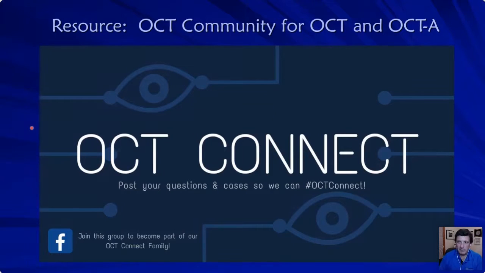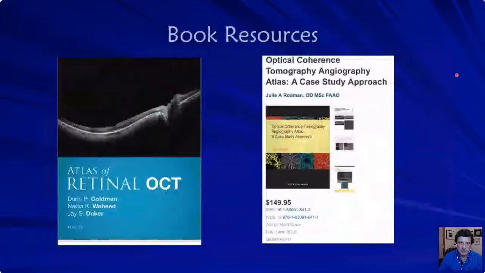It started off just for OCT angiography, but now it's basically everything OCT. It's international. We've got people from pretty much all across the world, from Singapore to Australia to Europe to Israel and Asia. So you could post OCTs or just scroll through, and there are lots of good images there.